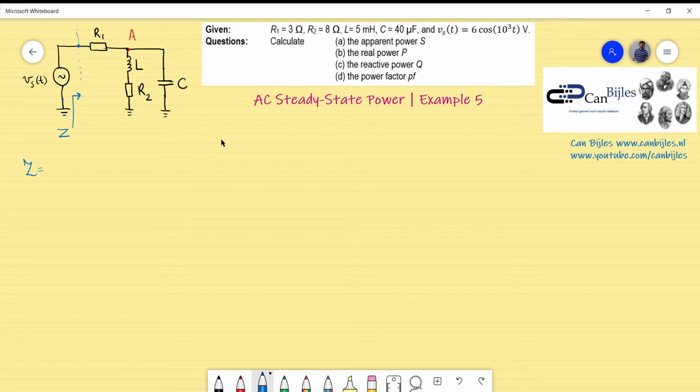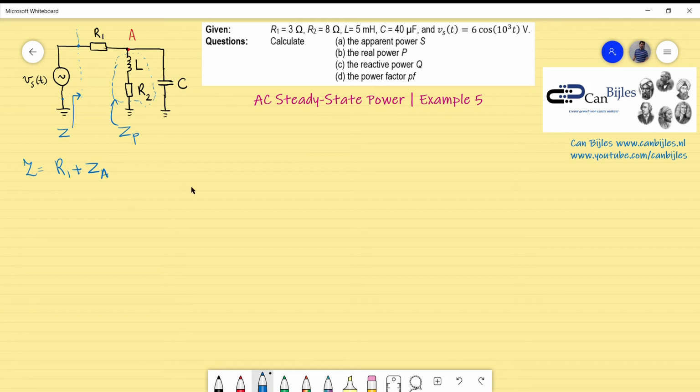If I now denote this impedance, which is the series combination of the inductor L and the resistor R2, as ZP, I can now write down the following: R1 plus ZA, which is the total impedance seen at point A towards ground, is the series combination.